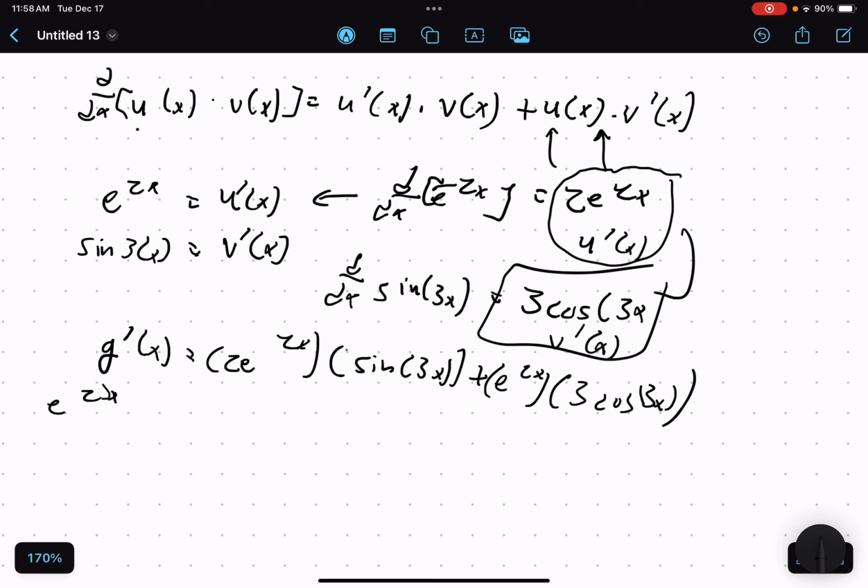We can just put the 2 in front of the sine and keep the e to the 2x, and then we can get rid of this e to the 2x over here and keep 3 cosine of 3x. So this would be e to the 2x times 2 sine 3x plus 3 cosine 3x. And that would be your final answer.